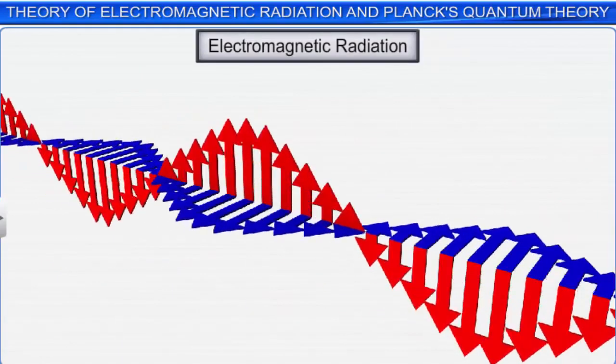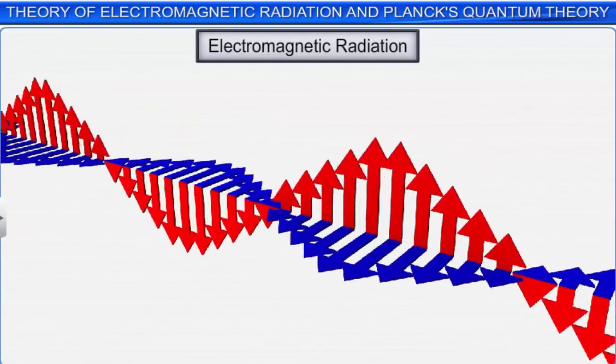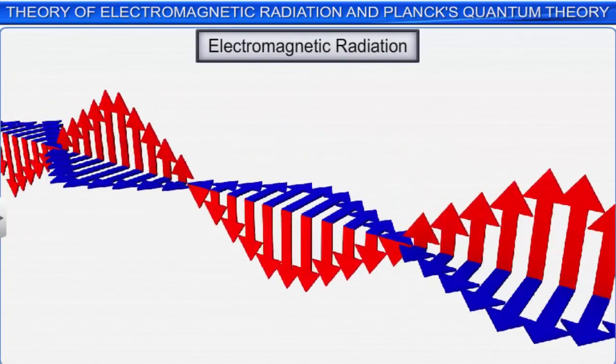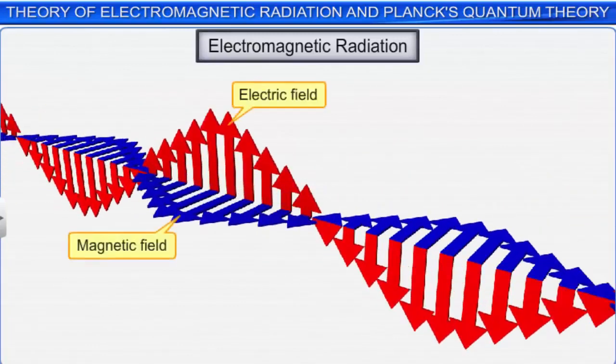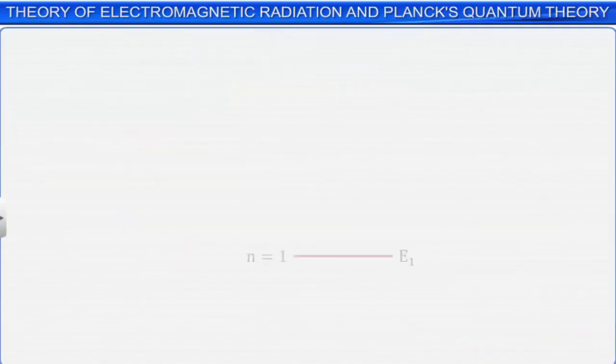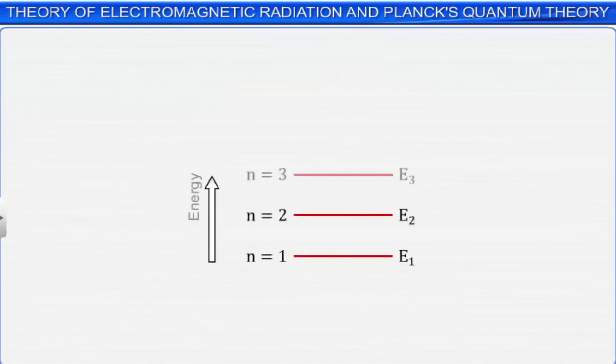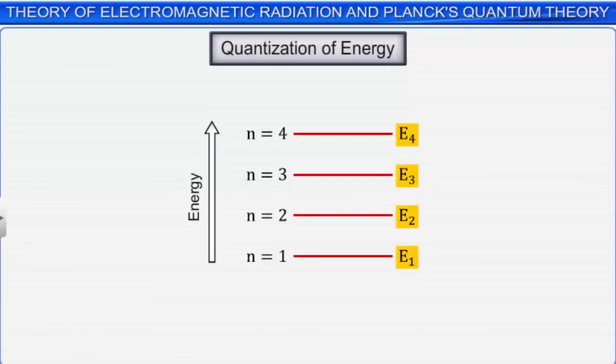To understand the Bohr's atomic model, it is necessary to first acquaint ourselves with the nature of electromagnetic radiations. The underlying principle behind the Bohr's atomic model is the quantization of energy, which is explained in the latter part of our discussion.